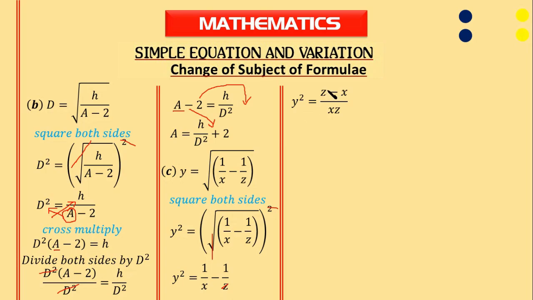And xz divided by z is going to be x. So x times minus 1, that's minus x. So that being said, we can then cross multiply. If we cross multiply, this will give us this.